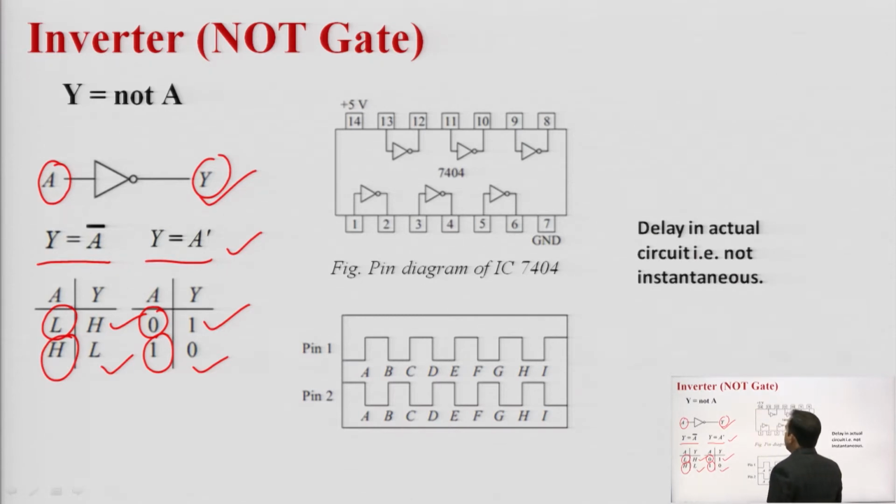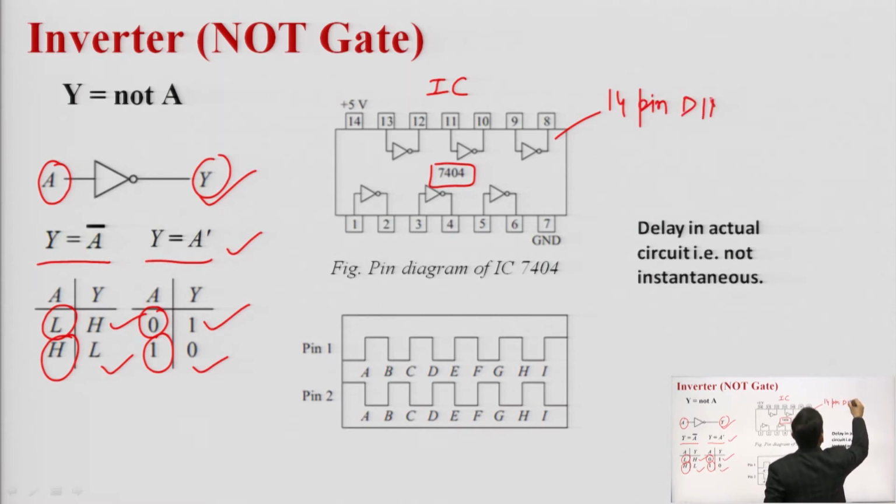The NOT gate is now not available in a discrete form. It is basically available in IC form, in a package form. This integrated circuit's number is 7404. This 7404 is a 14-pin IC, in 14-pin DIP packaging.